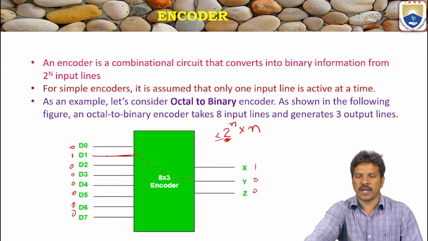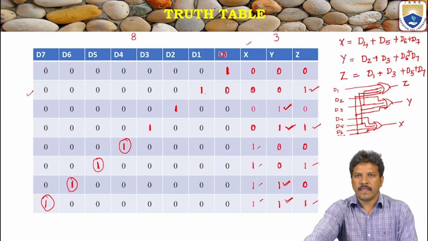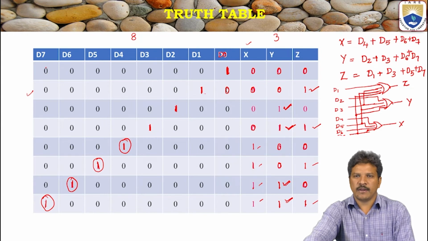So define the inputs as 8 and outputs as 3, give the names D0 to D7 for the inputs and X, Y, Z for the 3 outputs, and then make the truth table with the input columns and output columns. Then we can find the Boolean functions either with the K-map or by inspecting the truth table, and then draw the logic diagram. This is the way to design the combinational circuit of an encoder.